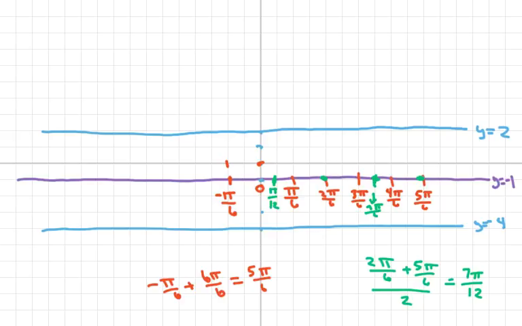Now I'm going to draw the characteristic curve of cosine. My starting point is negative pi over 6. So I start at the top here, go down to my points here, and go down to here, go back up to 7 pi over 12.